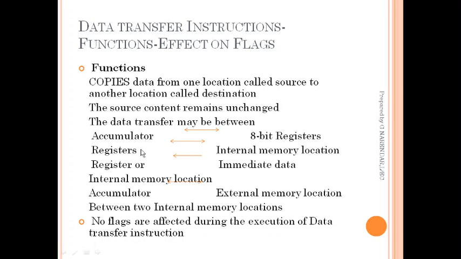That means one of the location will be register, another location will be one of the internal memory location. So how the data is transferred or copied from one location to other location, and what are the instructions that are there, that we are going to learn in the first place.